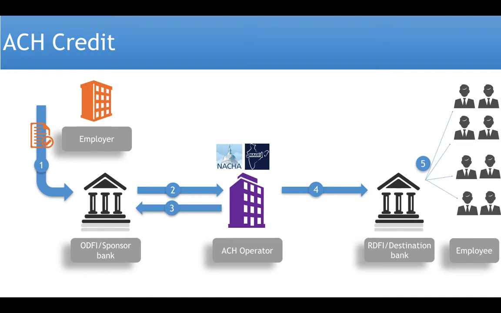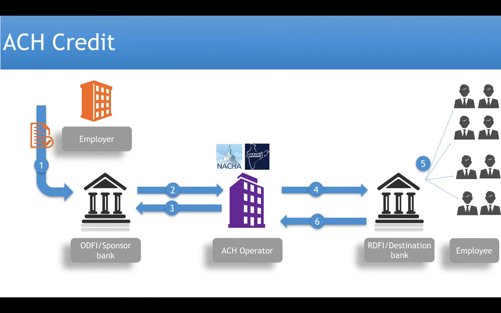Okay, if at all the amount is not getting credited, then the response for that particular record will be recorded in the file, and a response file will be generated by the destination bank. Suppose in the fourth step, the destination bank has received 400 records to credit the salary in the employees' accounts. Employees means the bank's customers.